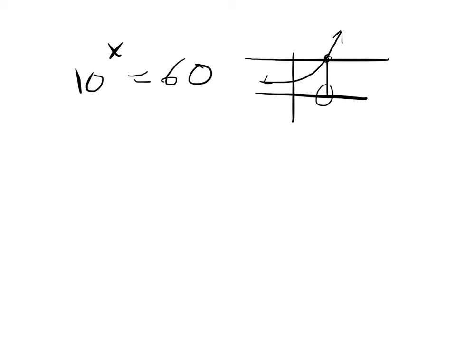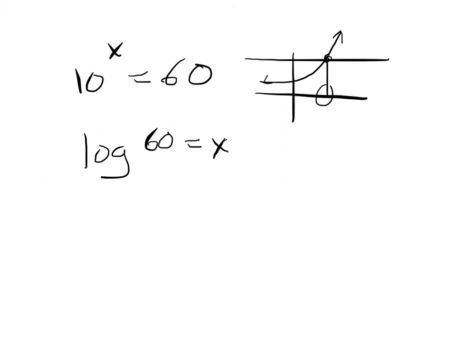There's a more direct way to do it if we use our definition of logs, less button pushing. If I rewrite this expression 10 to the x equals 60 as log, and since it's base 10, I'm not going to write that 10 down there, log of 60 equals x, because I then know that 10 to the x equals 60 by definition.